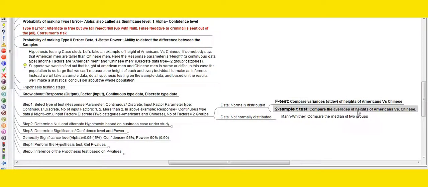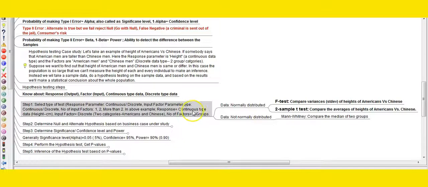And for comparing the averages, meaning the average of the heights, there is a test called two sample t-test, which compares the average height of Americans versus the average height of Chinese. So these two tests we do only when my data is normally distributed, and this is for the Y measure. Y measure is height. Height is a continuous type of data.